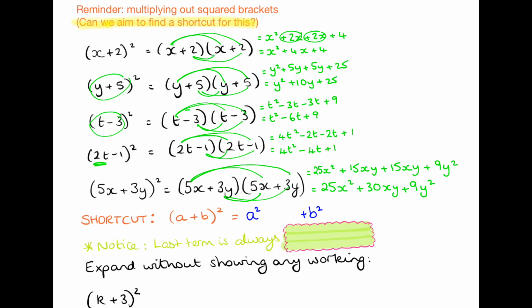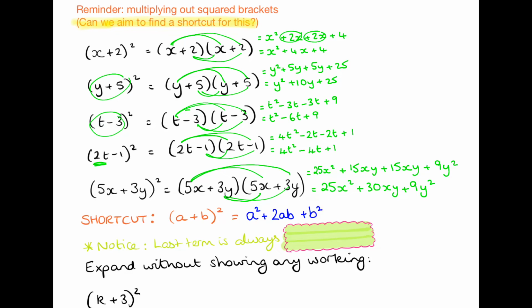Okay, so in the middle here, we would have a times b, which is ab, twice. So basically we've got 2ab. Okay, so this is our shortcut, that when you're multiplying out a squared bracket, you get the first term squared, you get the two things multiplied together and doubled, and you get the last thing squared.